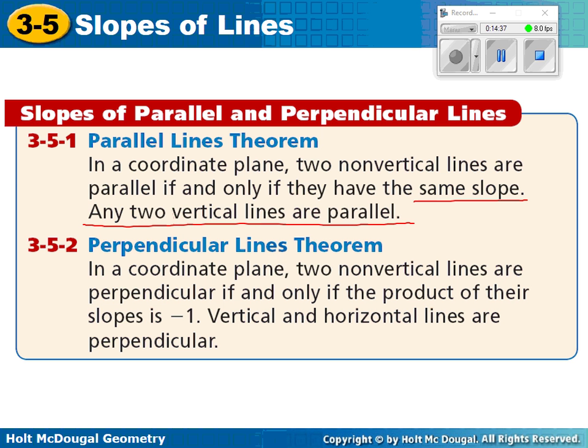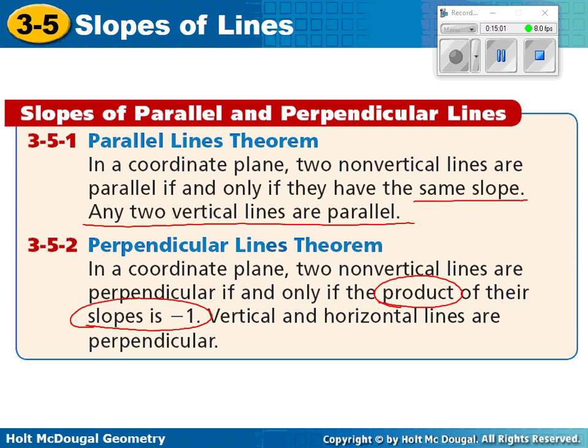Okay, -6/6, which reduces to -1. Every single time, because perpendicular lines have opposite reciprocal slopes, meaning change their sign and flip their slope, every single time if you multiply them, which is what product means, the product of their slopes will always be -1.